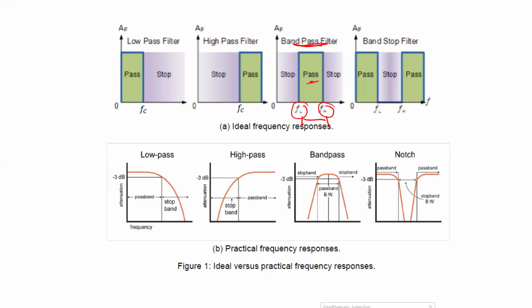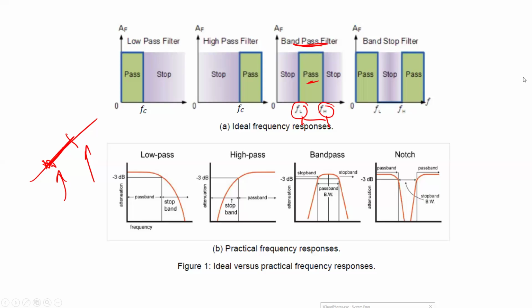This is very useful in communication because every channel has a certain band. If you want to receive a certain channel, you should know the beginning frequency and the last frequency of this channel, and then this filter can only pass this channel and block other channels.